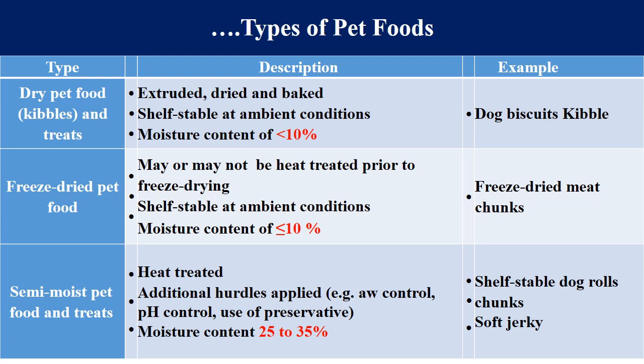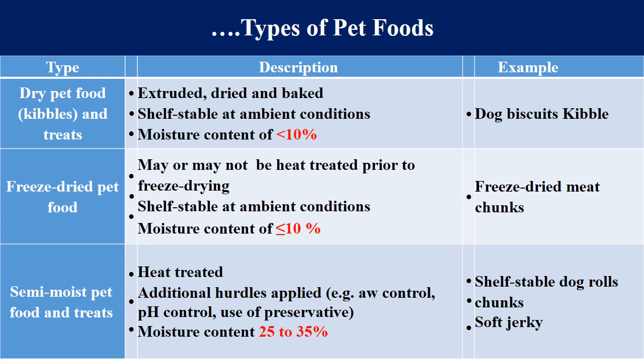In continuation about the types or classification of pet foods, the next category is dry pet food. The common well-known brand is Kibbles. These are mostly extruded, dried or baked products. They are shelf-stable at ambient temperature because they are heat treated, and the moisture content will be below 10%. Examples are dog biscuits and kibble.